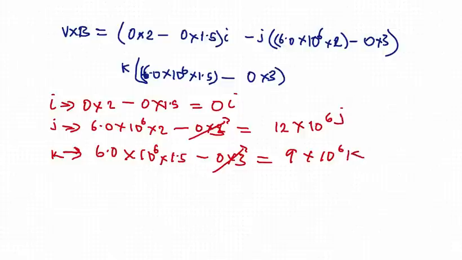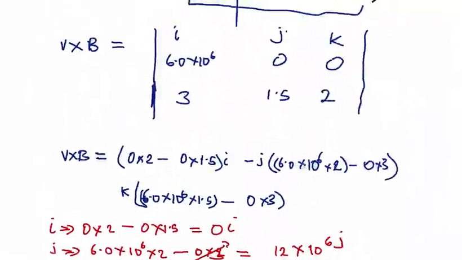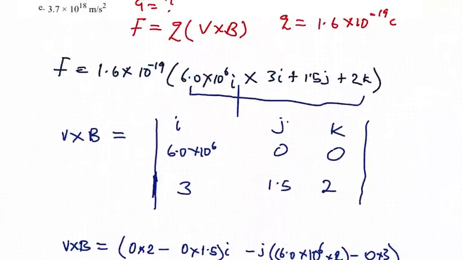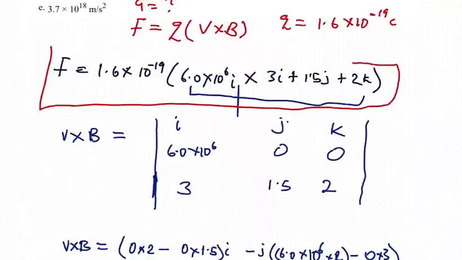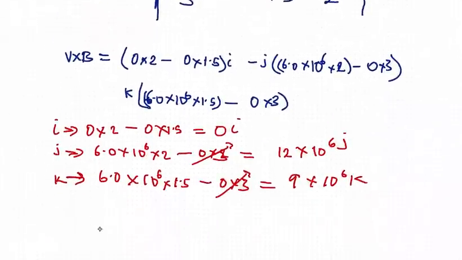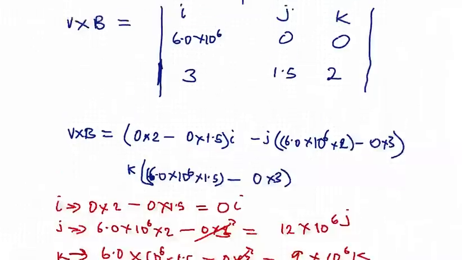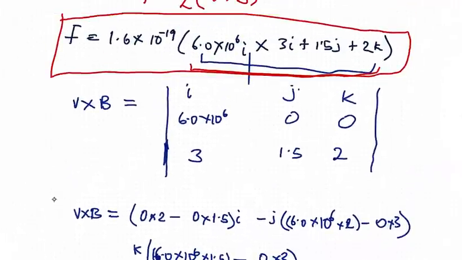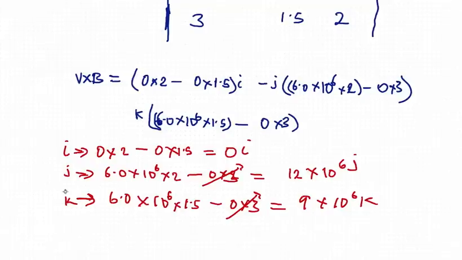Let's substitute back into our equation. So we only succeeded in getting the terms in the bracket. So we have Q to be 1.6 times 10 power minus 19.